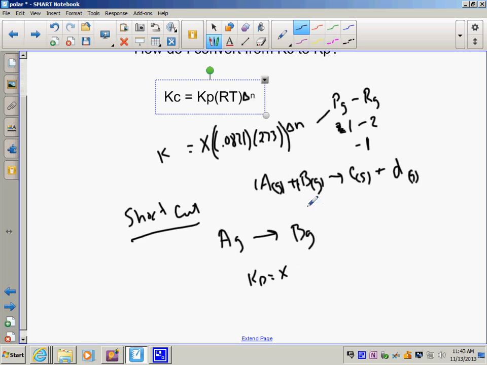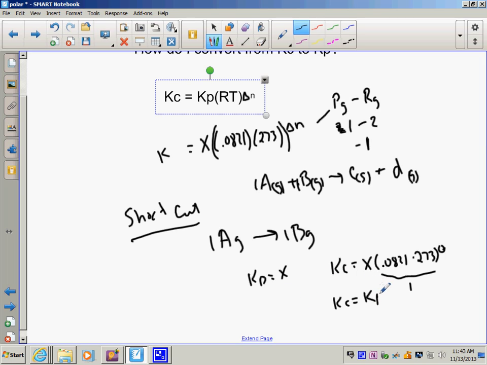So I take my formula that's right here, and I would say, okay, well, Kp equals X, so Kc equals X times 0.0821 times, let's just say it's 273, and I really need to put my power here. It's product gases minus reactant gases. That would be 1 minus 1, which is 0. And of course, anything to the 0 power means this whole little thing is 1. Therefore, Kc actually equals Kp.